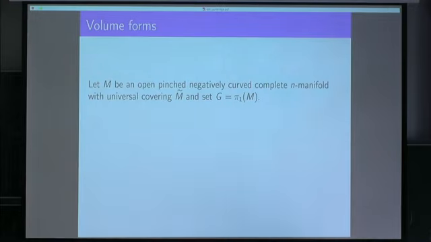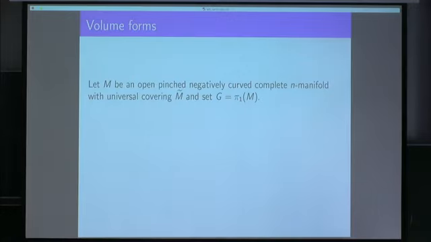Okay, so the main technique to construct non-trivial quasi-cocycles in degree 3, and as far as I know, basically the only technique which is known so far, is using volume forms.